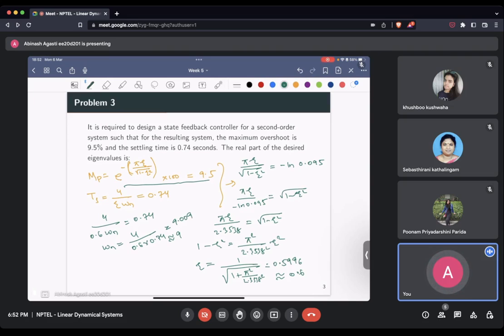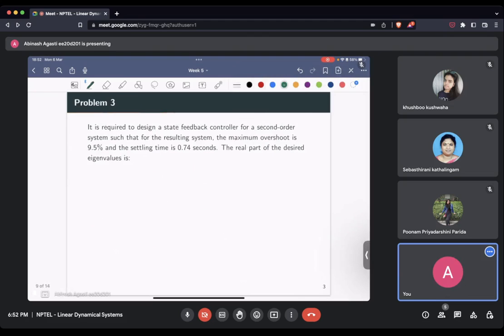If you remember, a standard second order system is of this form. So to get these values for the settling time and maximum overshoot, I found out that we need 0.6 as zeta and omega n as 9.